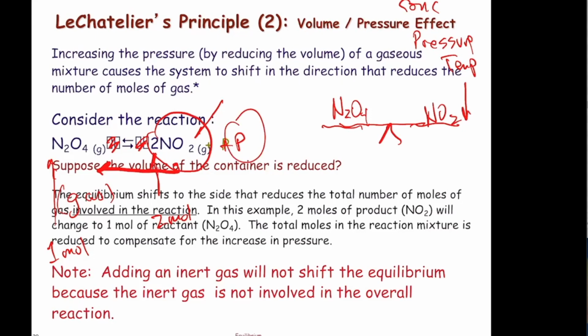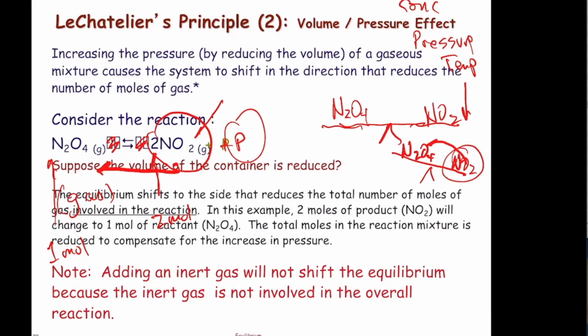We cause that teeter-totter to look like this. In order for this to go back to balance, more of the NO2 has got to convert over to the reactant side so that equilibrium is reachieved. So you look at the side that is sensitive to pressure. If that increases, then it's like putting stress on the product side because that's where we put P. And now increasing the pressure will cause this reaction to shift to the left.